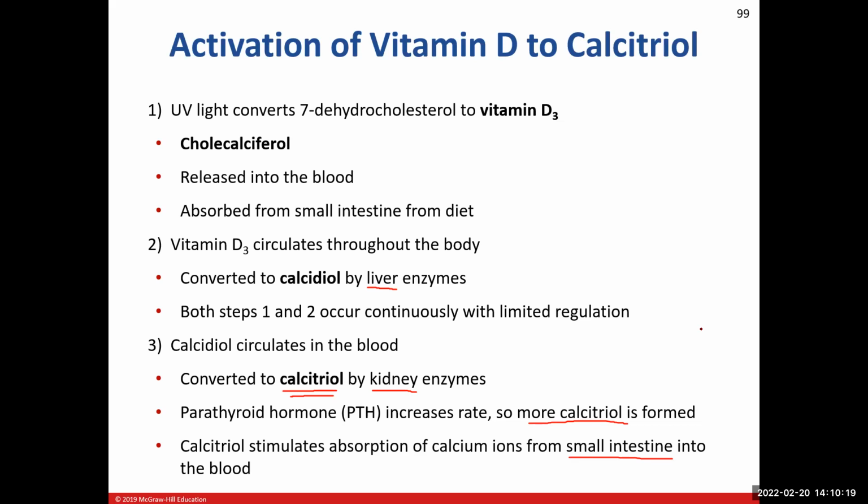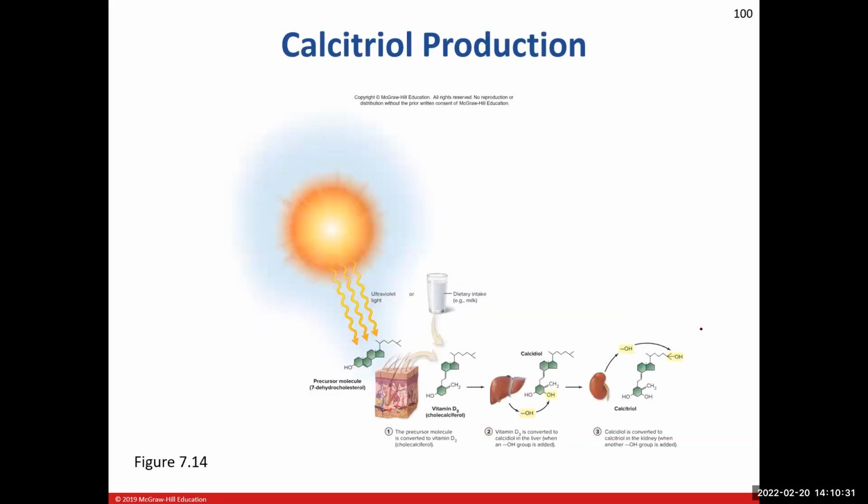And then with the help of parathyroid hormone, it will help to make even more calcitriol. So keep in mind, when we see low levels of blood calcium, calcitriol is going to help increase the blood calcium levels by absorbing more calcium from your small intestine.